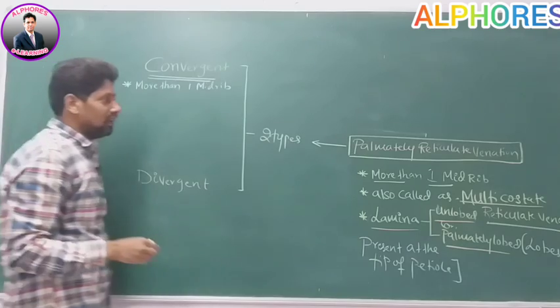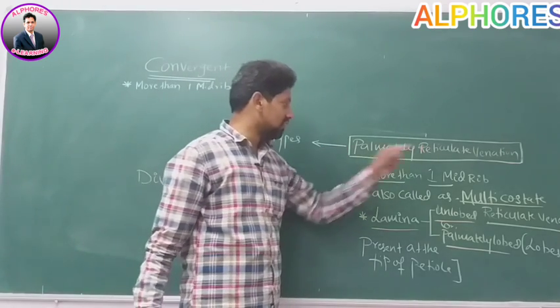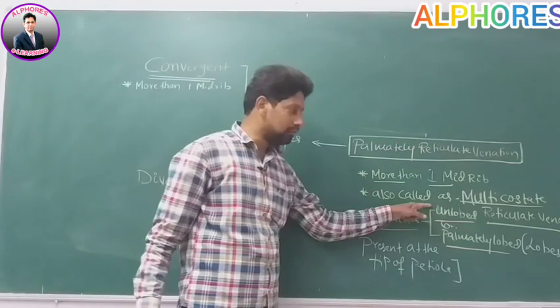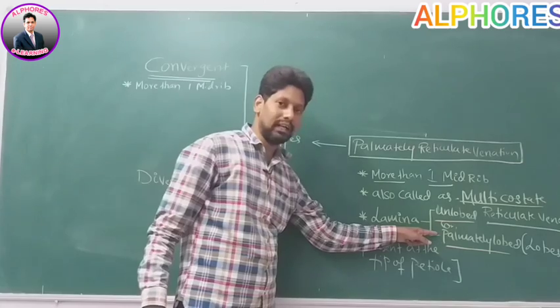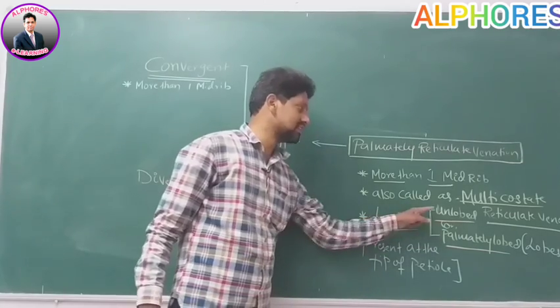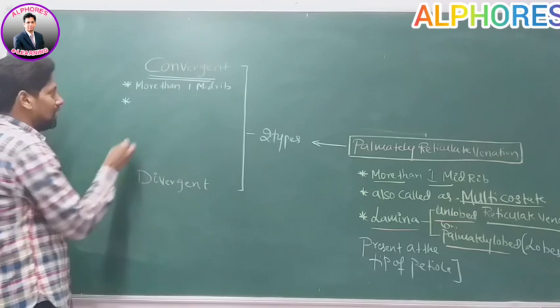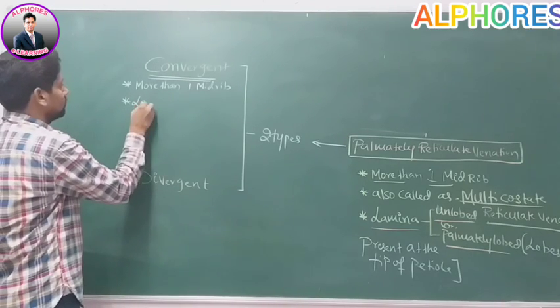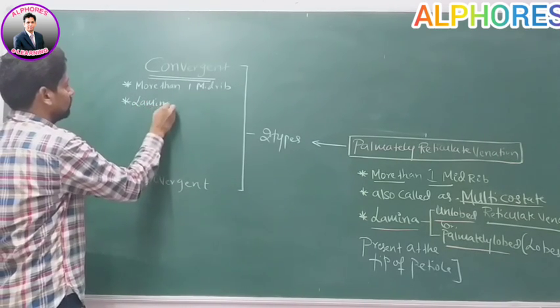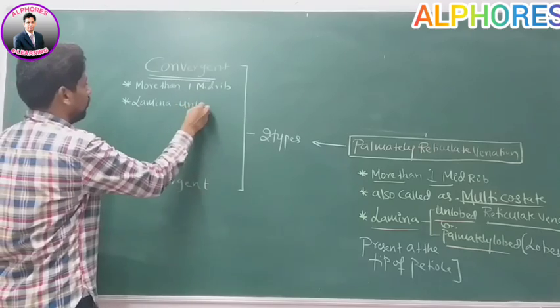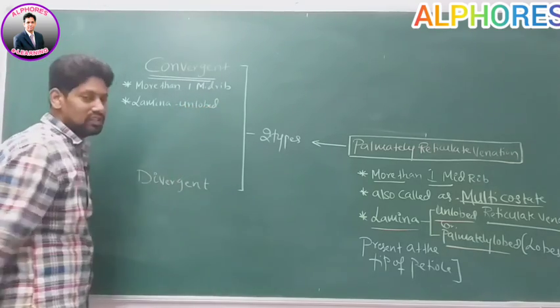Okay. Sir, palmately reticulate venation. Lamina lobed or unlobed? It may be either unlobed or palmately lobed. Yes or no? Here lamina is unlobed. In convergent, how is the lamina, sir? Unlobed. Now see this statement.